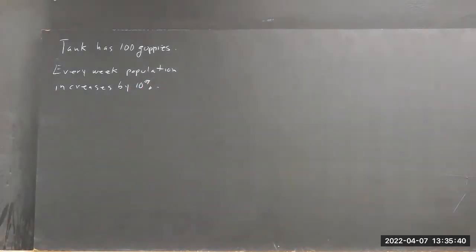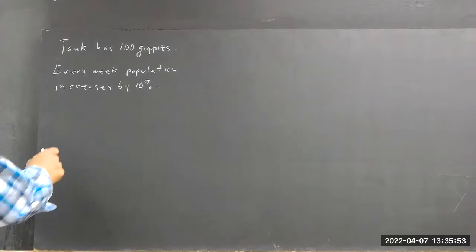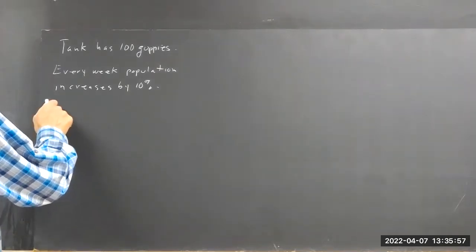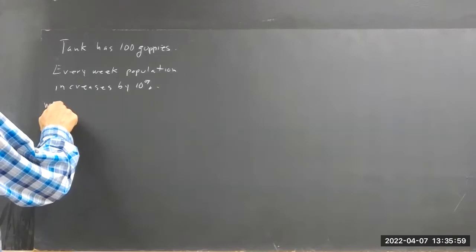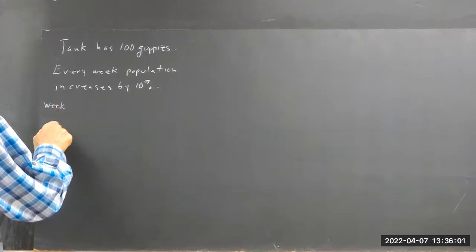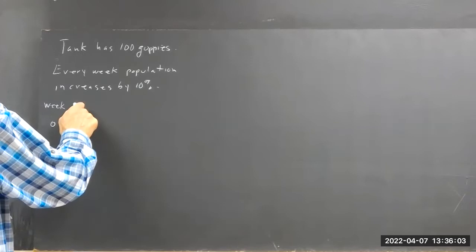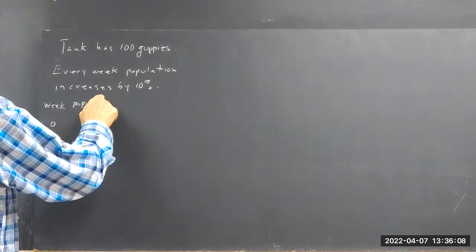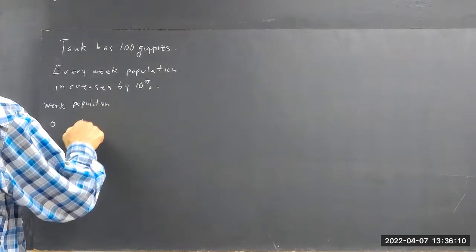Okay, so let's say we have a tank with 100 guppies. Every week the population increases by 10%. So here we have a table. Week 0. The population is 100.